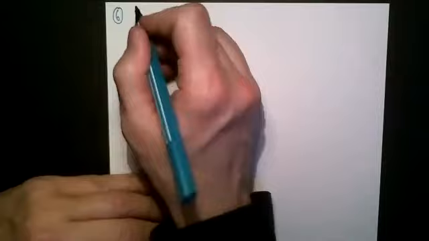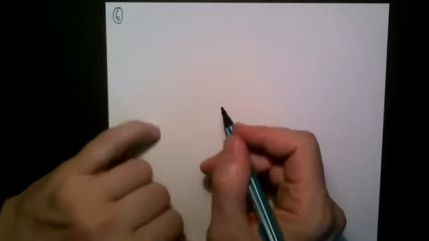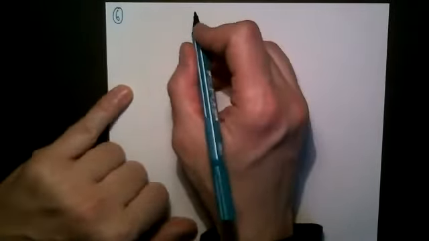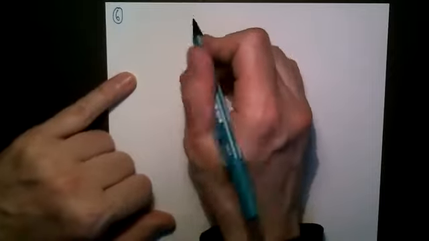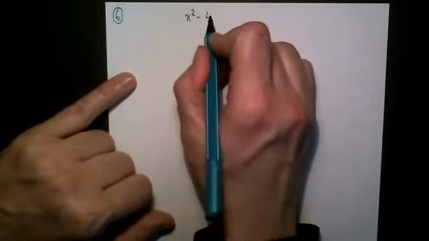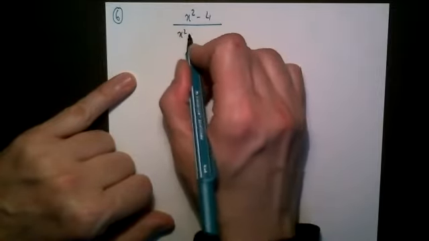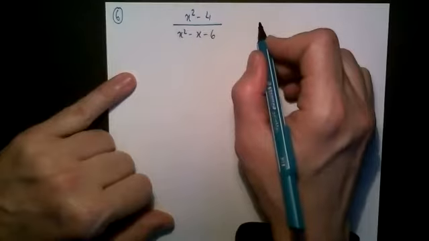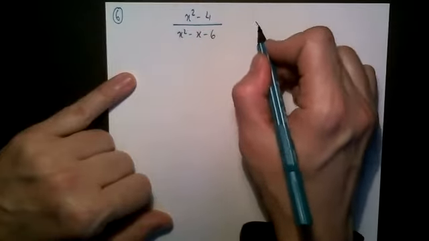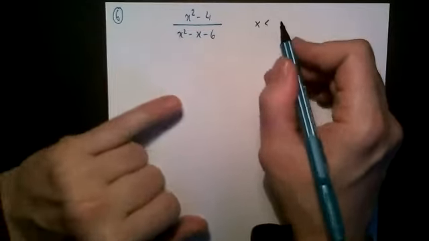Next, let's do a continuity one. Okay, let's move on. Continuity, then we'll go to derivatives. So that was number 5, so let's go number 6. So let's say f of x is x squared minus 4 over x squared minus x minus 6 if x is less than or equal to minus 1.